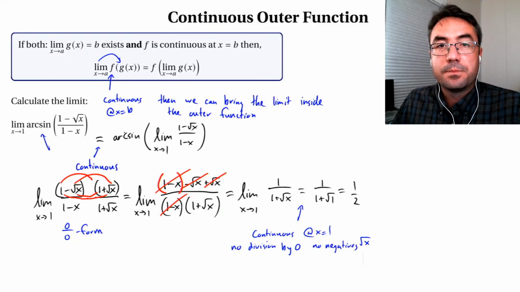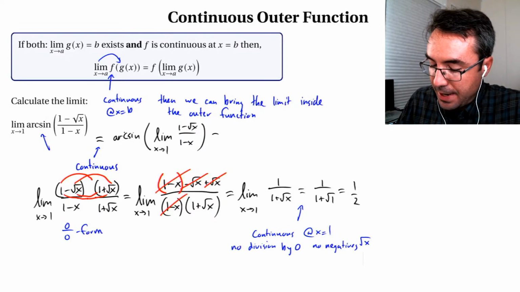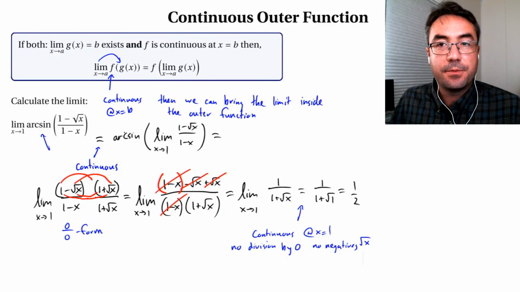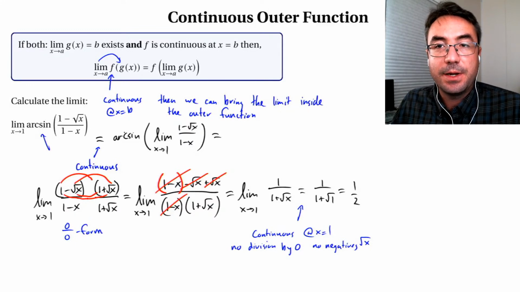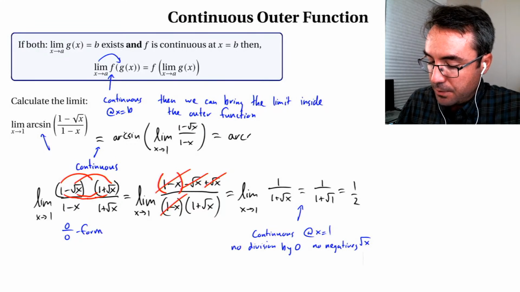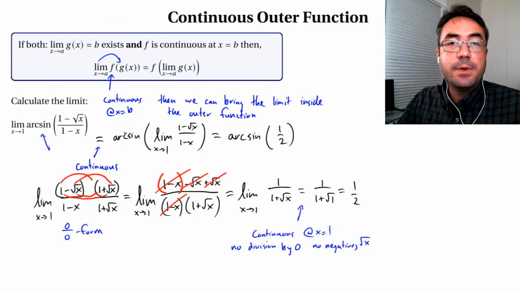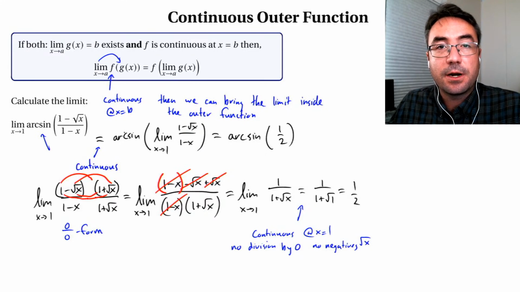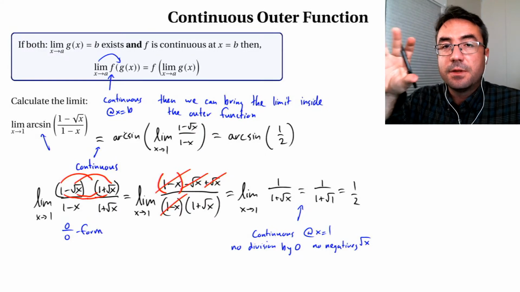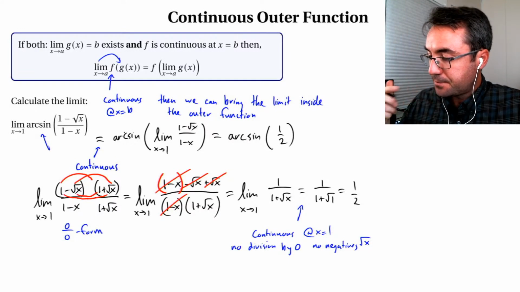And so we've done all this work separately, and now let's go back and finish up the original problem, which was evaluating the limit of that arcsine function. Let's fill in what we found: that inner limit was 1/2. So we've essentially moved the limit through that continuous arcsine function, done the limit of just that inner function, and then filled it back in.